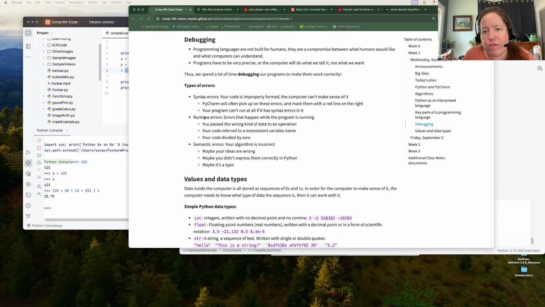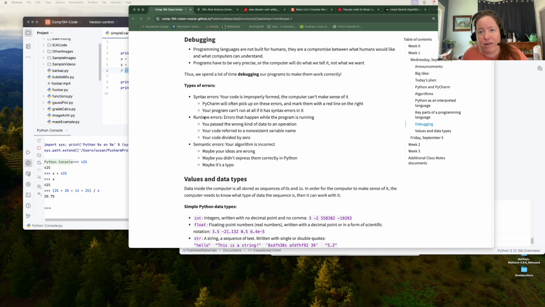Or your code referred to a non-existent variable name. This happens often because you misspell it. So if you have a variable my_best, and in one place you spelled it my_best, and somewhere else you spelled it mybest, those are two different variables from the computer's perspective, and it will not know what you're talking about.